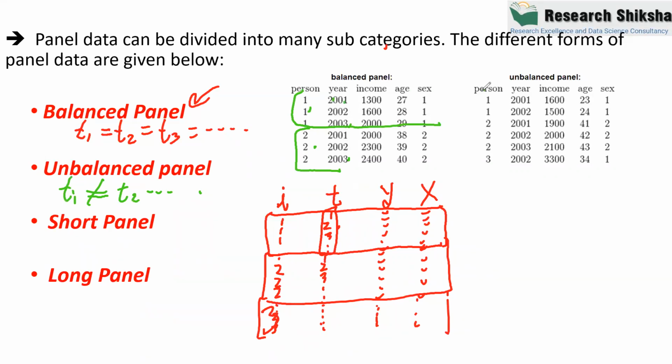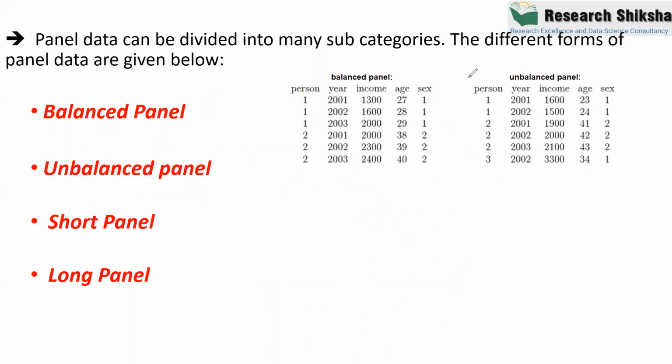But in this case, we have only 2 years of data for the first person and 3 years of data for the second person. So this is unbalanced panel, because the time period in the first case is 2 years, and for the second person it is 3 years. So I hope it is clear now. If it is clear, say yes in the chat box.